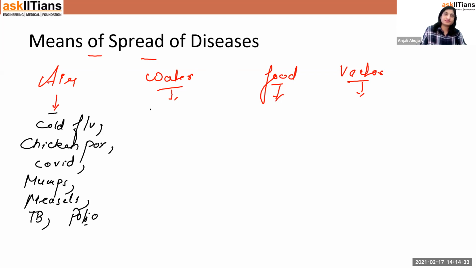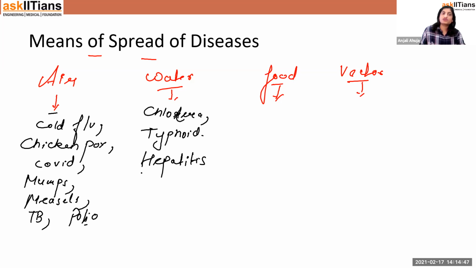Examples are cholera, typhoid, hepatitis, etc. These are also waterborne diseases, and in most of the diseases that we have, either with the help of water or food, they usually infect our digestive system because that's where it enters. They usually cause diarrhea, indigestion or something like that. In most cases, I see diarrhea and upset stomach.